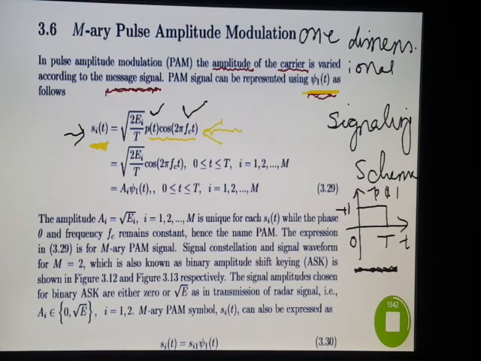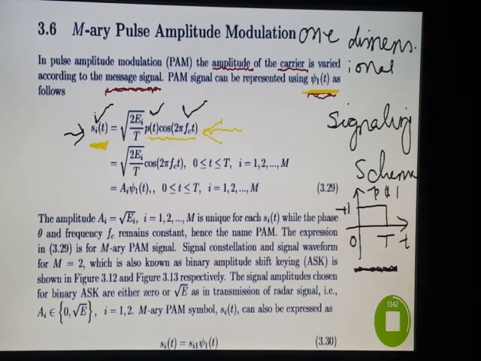Here f c is the carrier frequency. If you square S sub i of t and integrate it over the period 0 to T, you will get the energy of the signal, which will be E sub i. The same expression can be rewritten in another form.